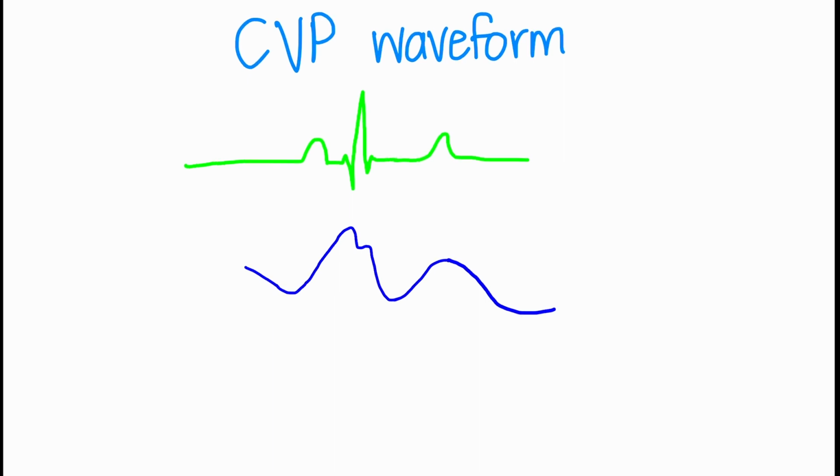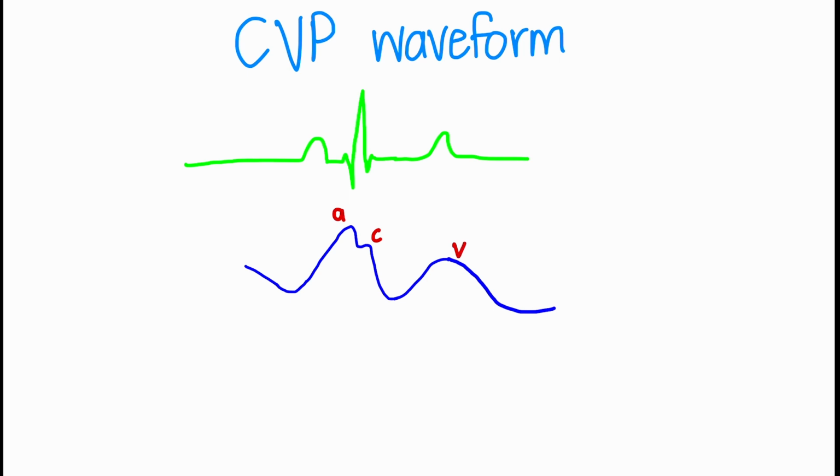Forgetting the numbers now, we did speak about the trend. We are looking at the actual waveform. And have a notice there that we have 3 positive waves through one cycle and 2 negative troughs. All these parts of the waveform are represented by letters, much the same as an ECG, but different letters, of course. Our first positive wave is called A. Our second positive wave is called C, which is a little bit less.